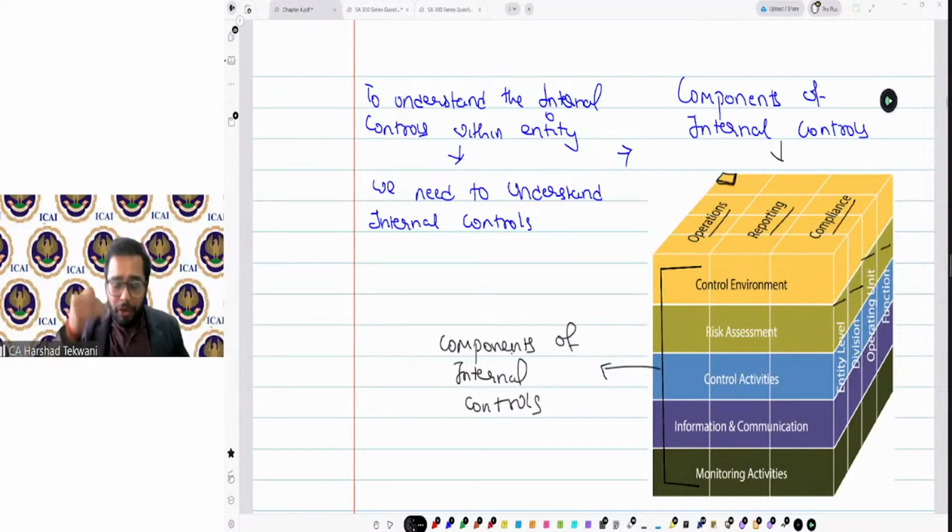So if management knows that there is a risk, then only they will place a control. Otherwise, they will not be able to place a control, and then I can say, okay, their control environment is not efficient at all. So how management is performing risk assessment is one important part to understand the overall internal controls.